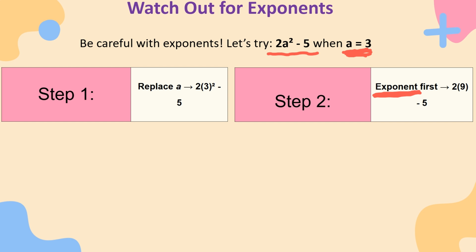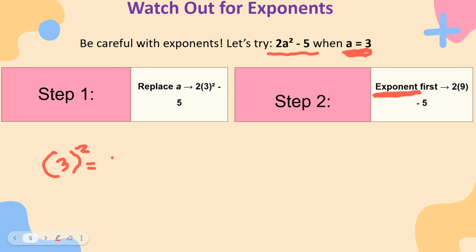So when we say 3 squared, this means we do not multiply 3 by 2. That's wrong. A common misconception is that we multiply the base, which is 3, by the exponent. That's not right.